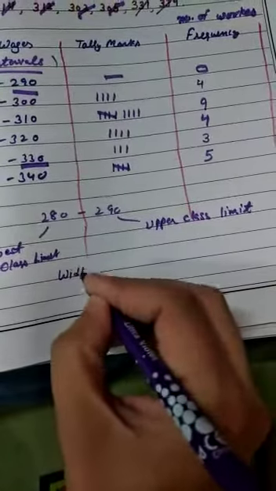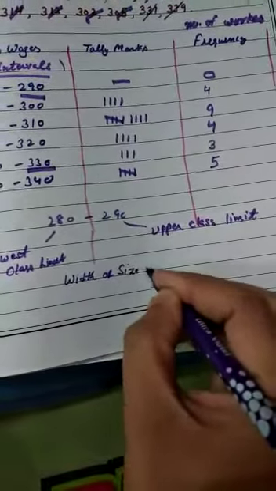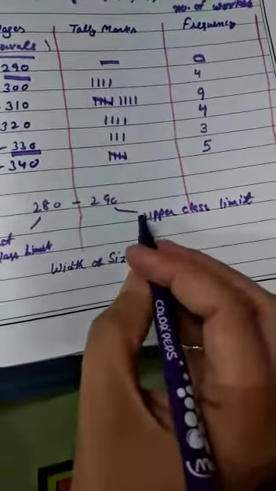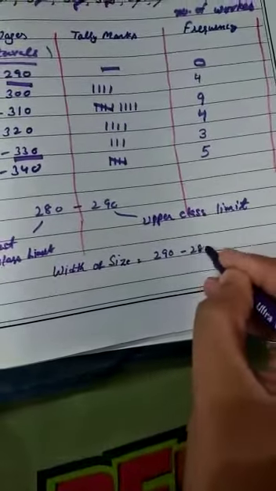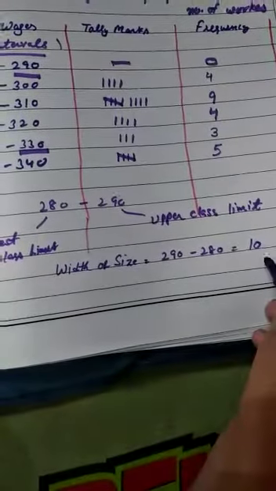Now width or size is the difference between the upper class limit and the lower class limit. That is 290 minus 280, which is 10.